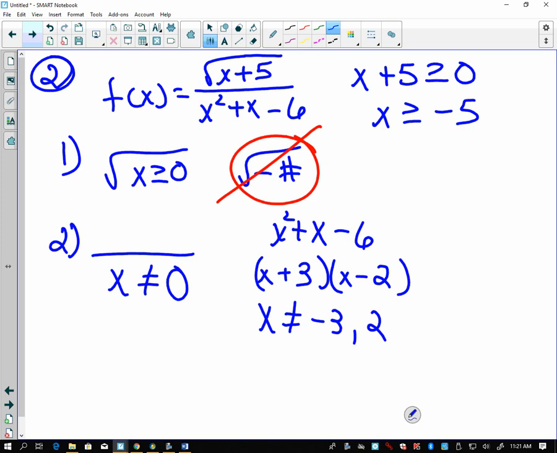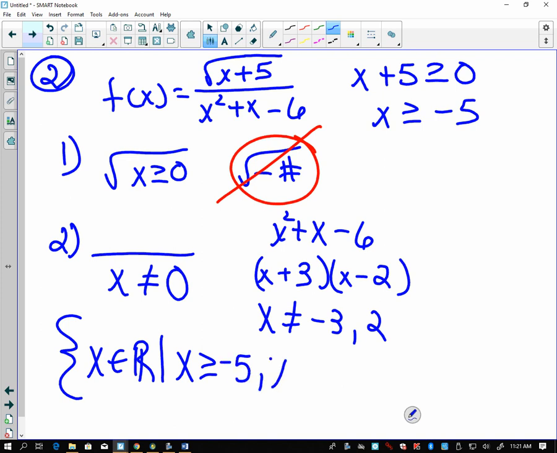So important here, are either of these numbers or both of these numbers greater than negative 5? They're both. All right, so my answer here is that x is the set of all real values such that x is greater than or equal to negative 5, and x cannot equal negative 3 or 2.